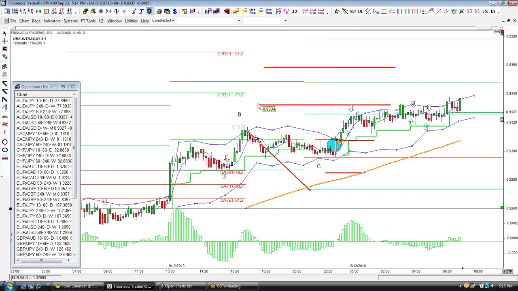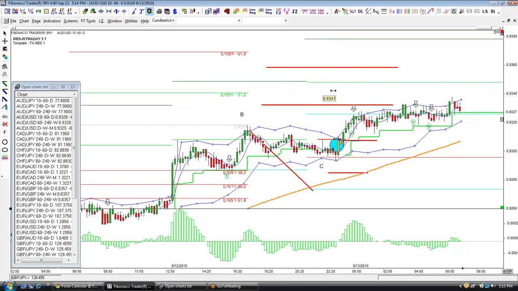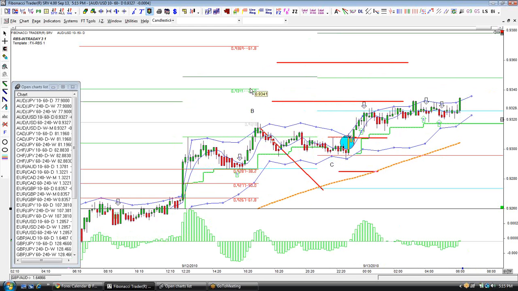Now we have pivot lines as well. What I do is I limit below the fib levels.